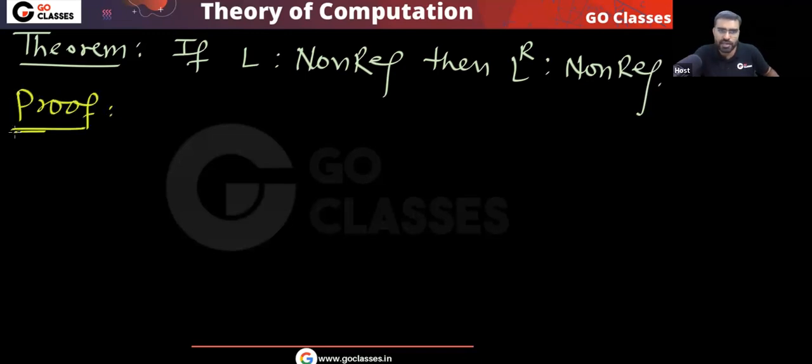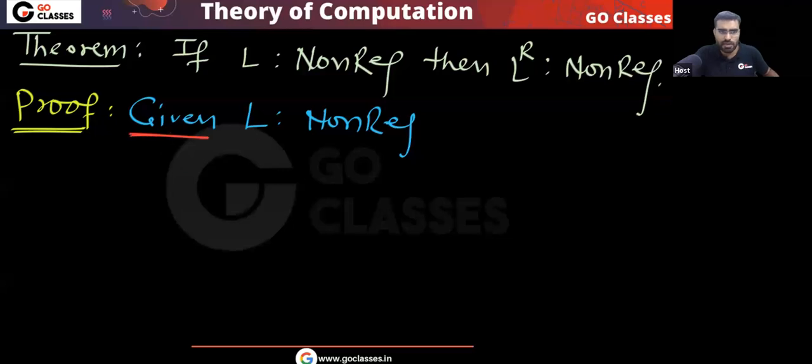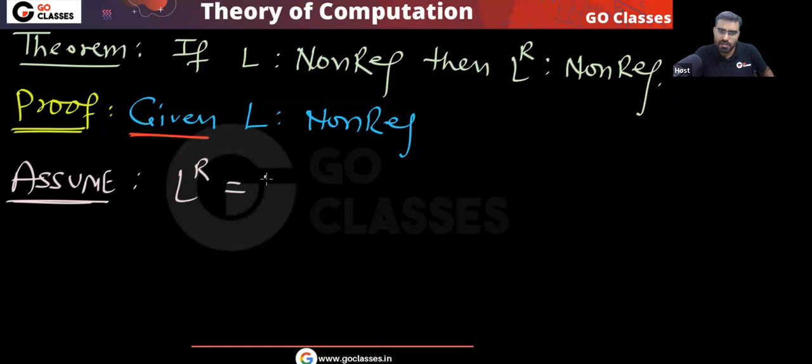Proof by contradiction. Very interesting proof. It is given that L is non-regular, right? Now just assume, tell me what you will assume. You will assume that L reverse is regular.